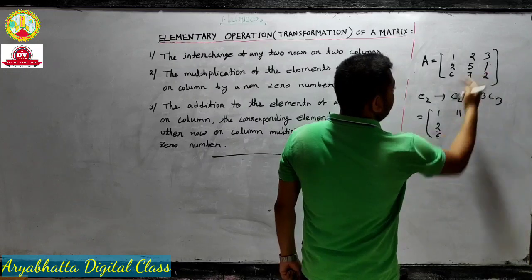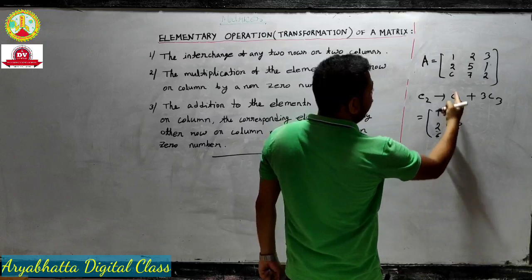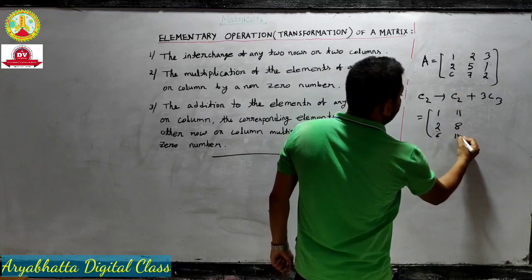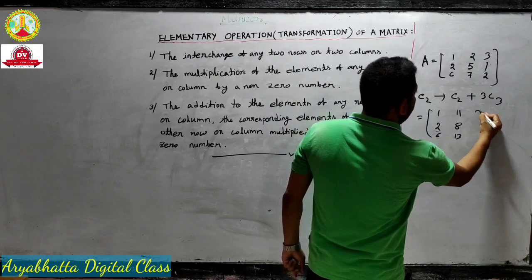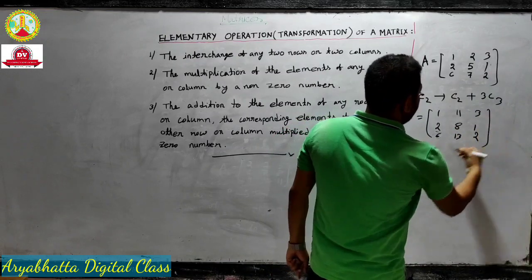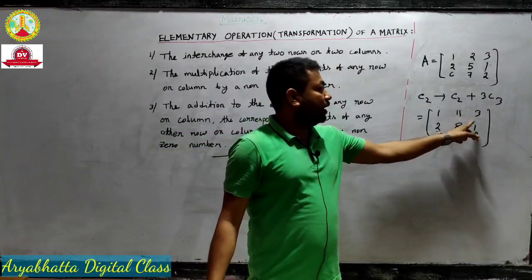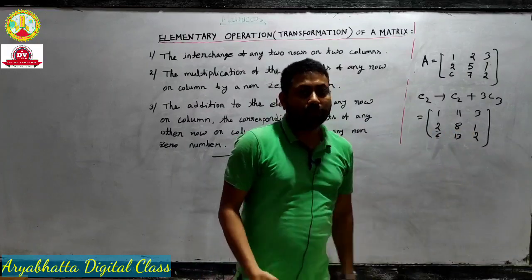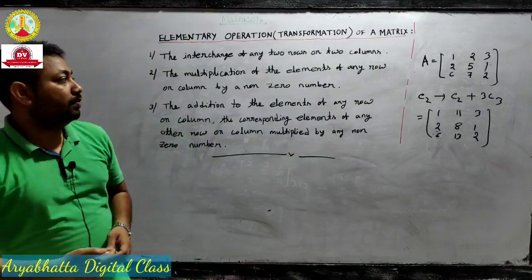Next, 3 into 1 is 3, 3 plus 5 is 8. Next, 7 plus 2 into 3 is 6, 13, and the third column does not change. The resultant matrix will be 1, 11, 3, 2, 8, 1, 6, 13, 2. Next, we will discuss invertible matrices.